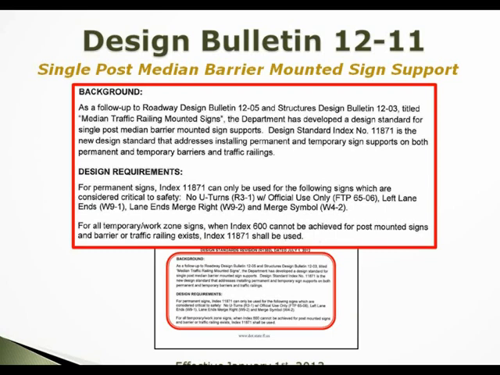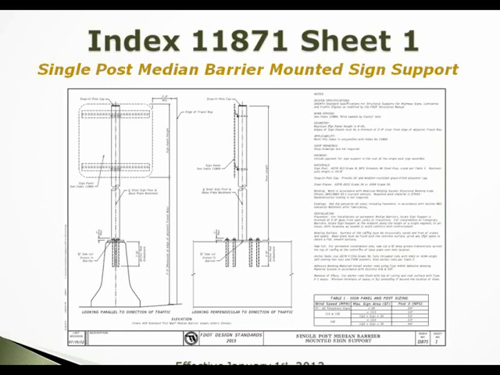So we've gone ahead and introduced Index 11871. Now I want you to know 11871 is a rigid sign support, and due to its design should only be used for critical signs. It's not to be used for any sign you want to put in the median. And the Design Bulletin clearly spells out what permanent signs are allowed to be put on the support.